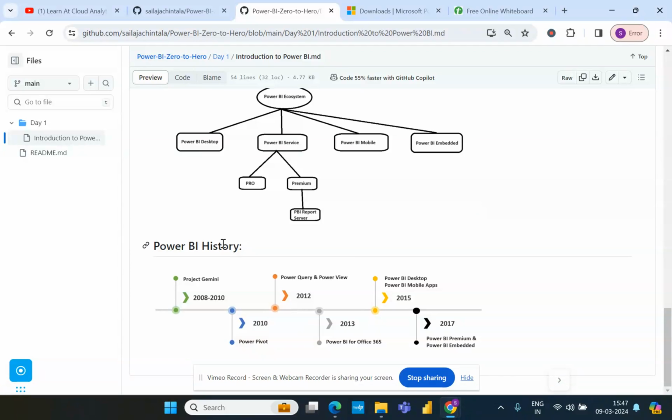Okay, now let's go to the last topic for today's session, which is the Power BI history. I know it's not strictly needed to go through when it started, what its timeline was, and who started it, but it's always good to know the history of the evolution of Power BI.